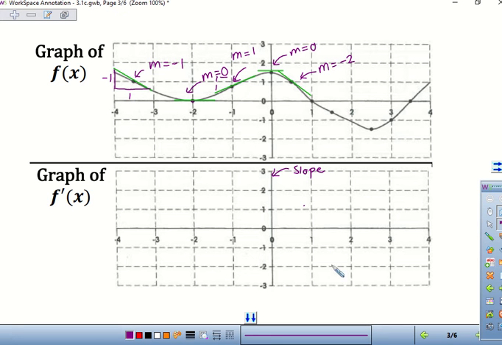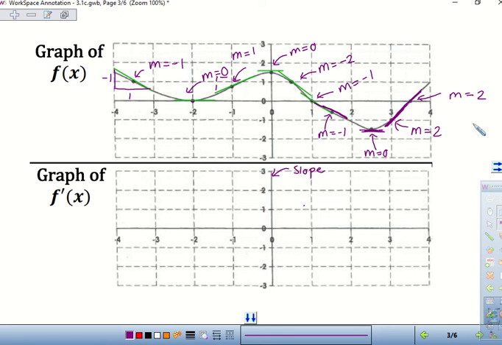I'm going to go with -2. What about here at 1? Good, -1. And I would also estimate at 1.5 to also be -1. What would you estimate the slope to be at 2.5? 0. Good. What about here at 3? 2. Good. And this, I would say, is also 2.